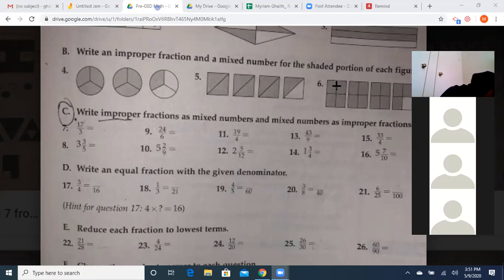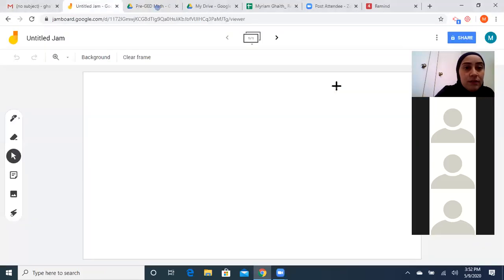I'm not sure. So for that improper fraction, 17 over 3, in order to turn it into a mixed number, I need a whole number and a fraction. Let's go back to my page here and let's write it down. Whole number is 5.